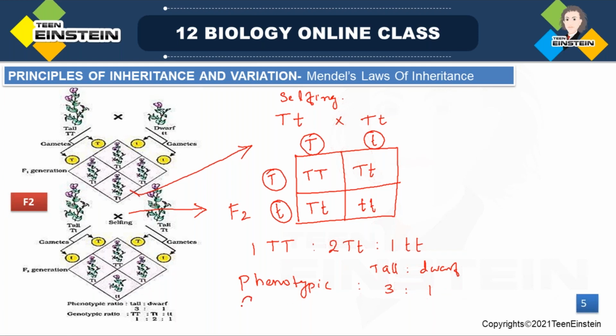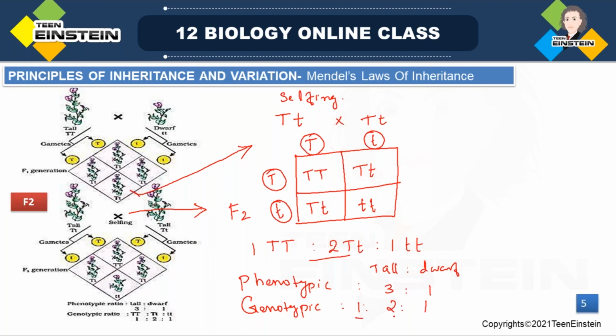Then the genotypic ratio. We express the possible genotypic combinations, which we have already expressed in the Punnett square. Whichever is possible, everything we have written here. So that is 1:2:1.